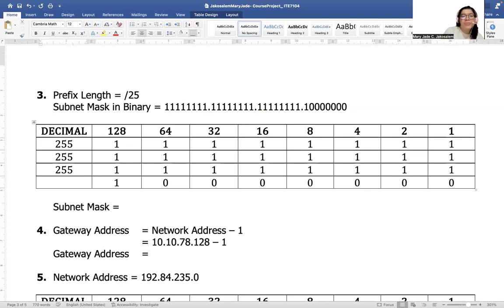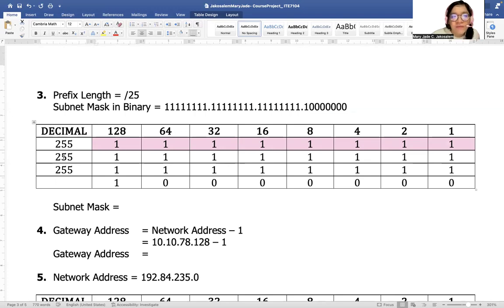But to be sure, we just add all the numbers that have a 1: 128 plus 64 plus 32 plus 16 plus 8 plus 4 plus 2 plus 1, which is equal to 255.